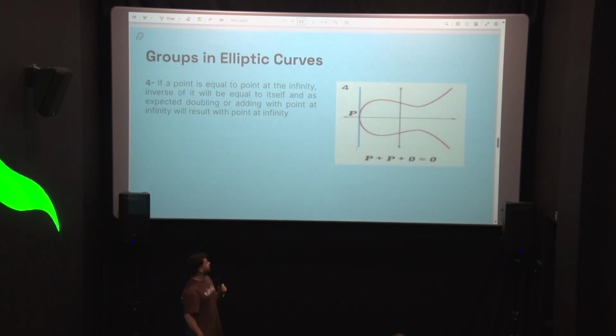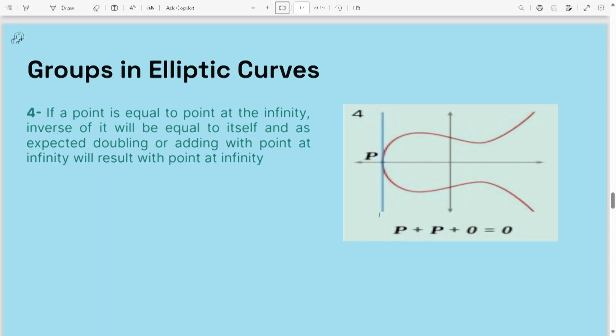Here it is the only point on the edge, our point at infinity. And if you add 0 to 0, it will never intersect any third point, so it's also the point at infinity. So if you add 0 to 0, you will get 0, the same as with real numbers.